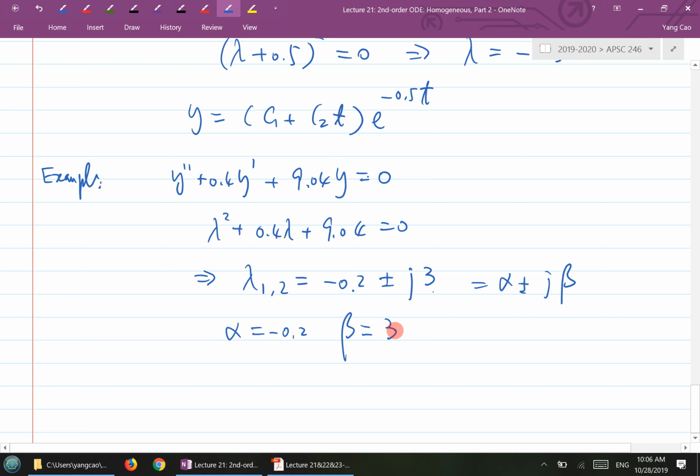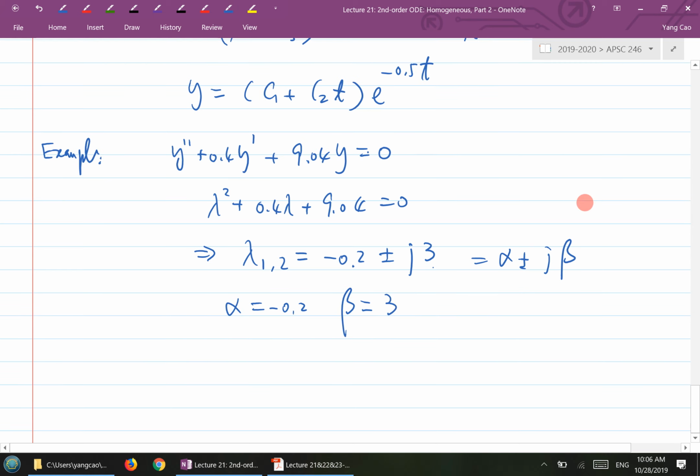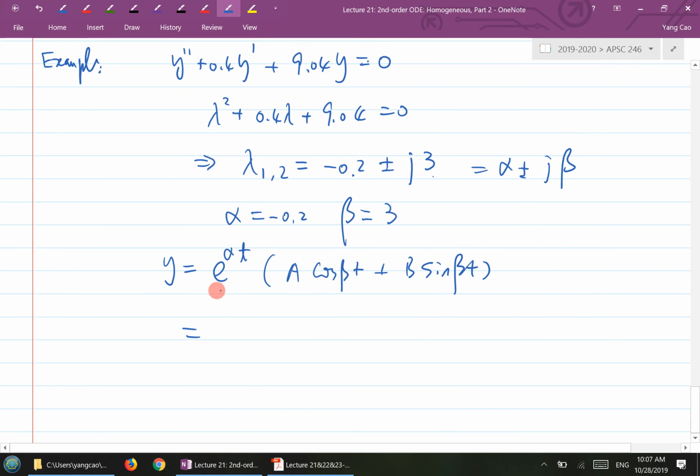Use the formula in your table. Your general solution of y is e to the power of alpha t times a cosine beta t plus b sine beta t. That's your general solution. So substitute alpha into it.